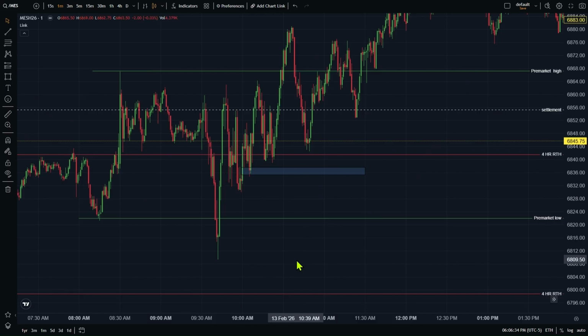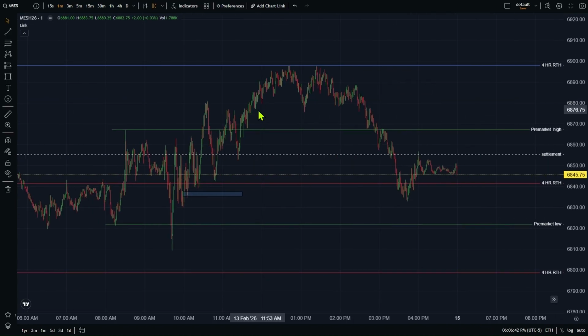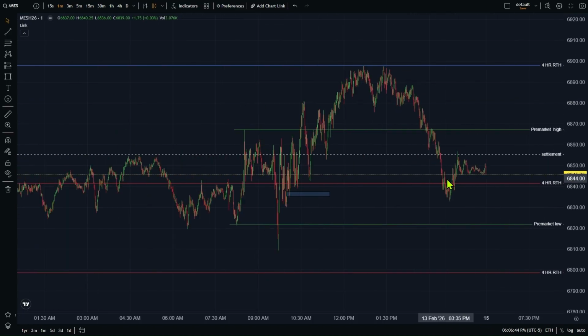I was expecting a complete range day, which it ultimately was with that pullback. We came back to the middle of the range and finished right at settlement, pretty close to it. They would consider that a range day. It was volatile, but it was tradable if you had the guts to trade it.